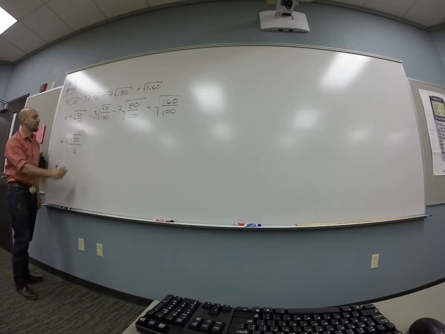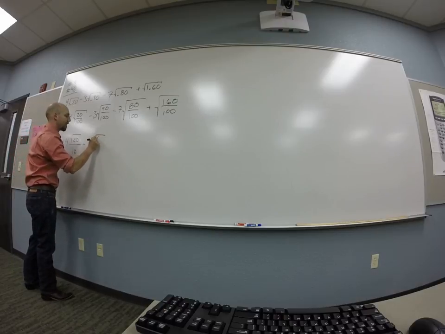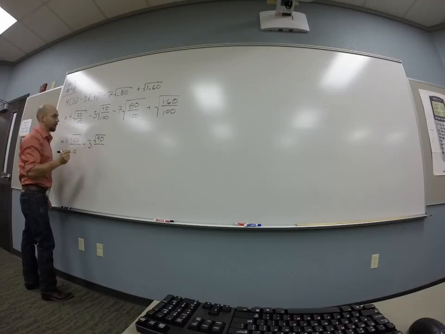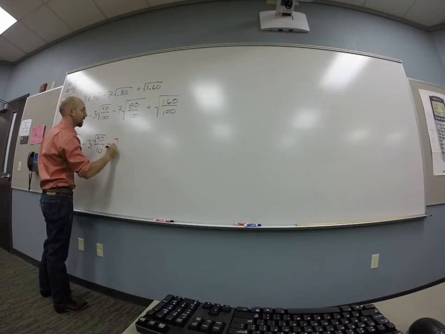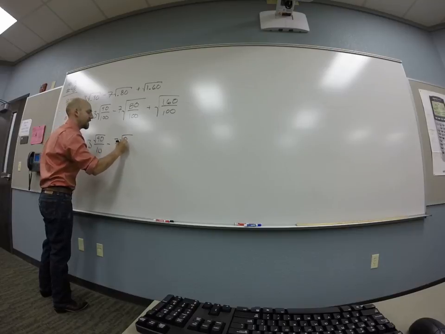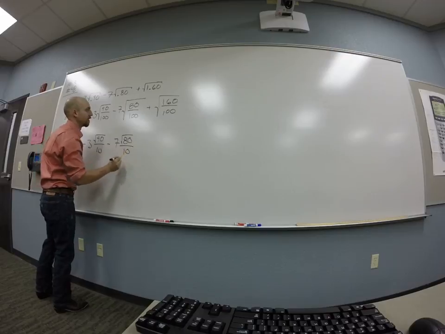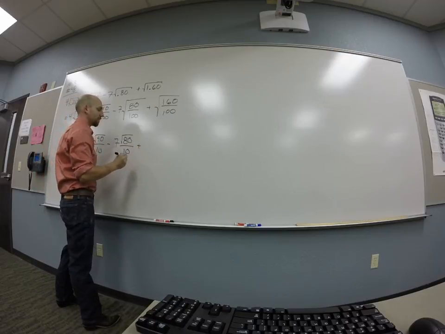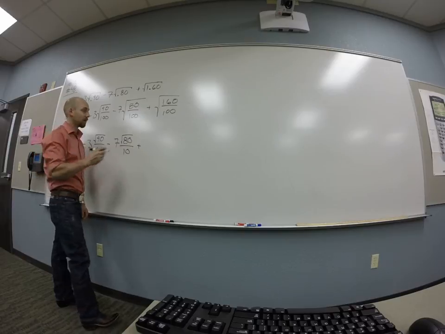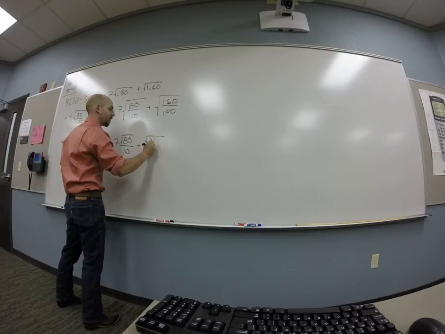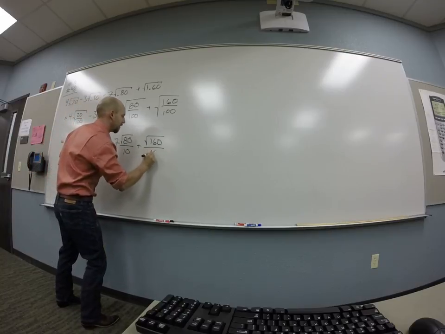Okay. Then I'll write the next guy down. I've got 3 square roots of 90 over 10. And I've got minus 7 square roots of 80 over 10. Then I've got plus 16 square root of 160 over 10.